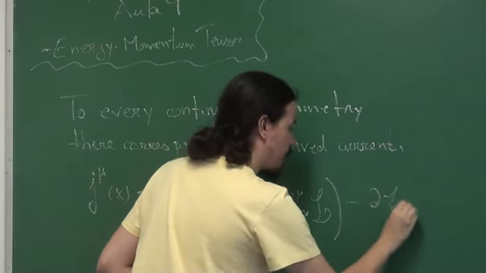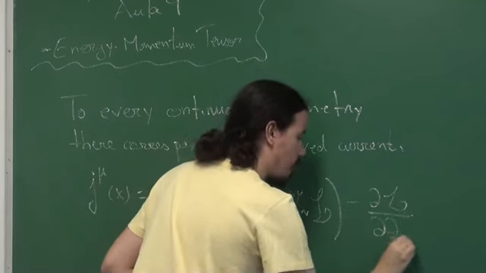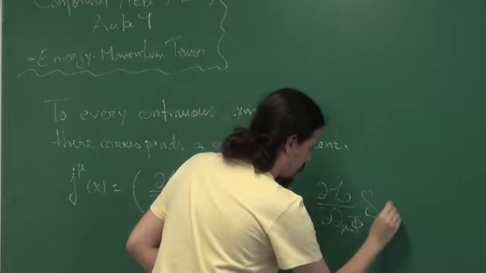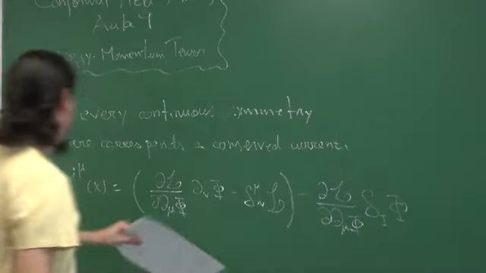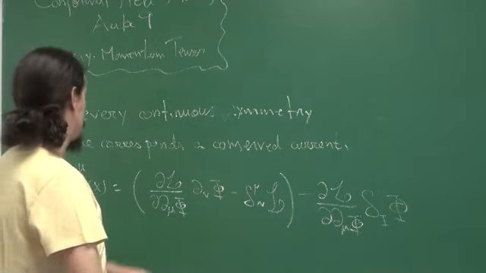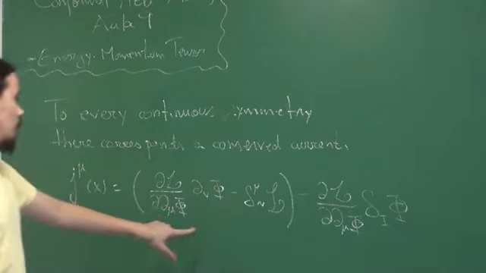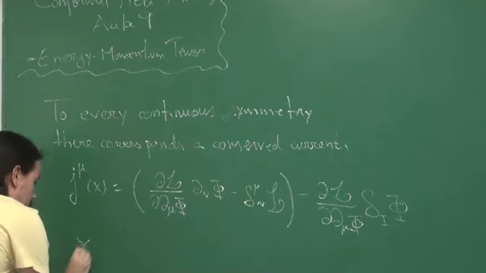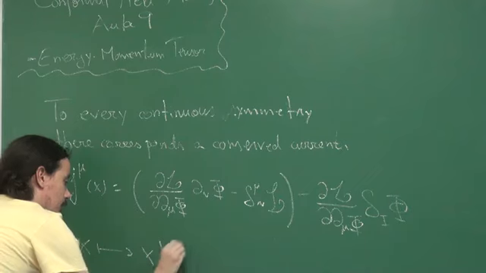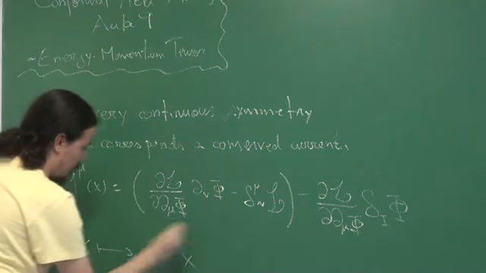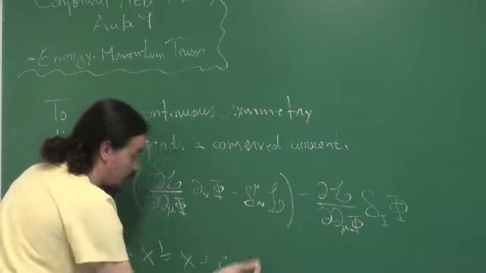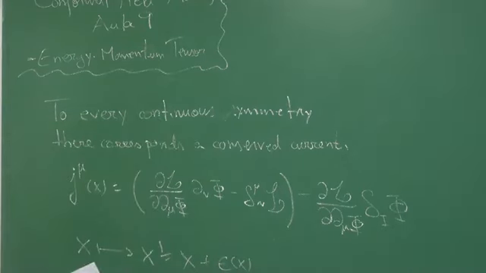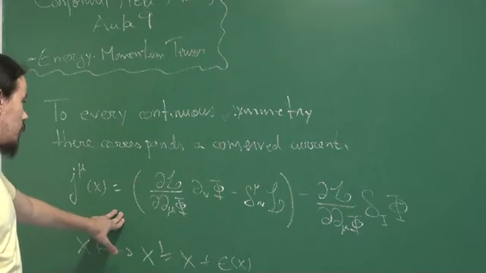We have, I'm going to call this delta. So what is this current? This is what comes from a space-time transformation, which infinitesimally has this form. And generically, this epsilon can depend on x, and this will be the associated conserved current.